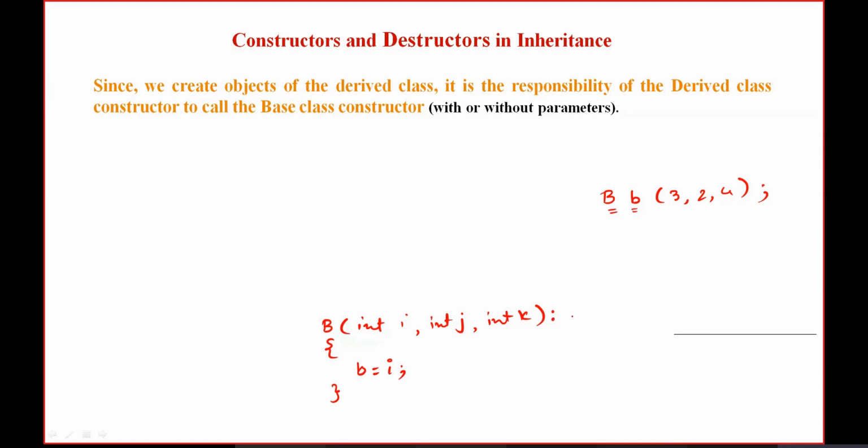But again, we are passing the remaining two values to the constructor of class A. For example, I am passing j and k to the constructor of class A. Now, the constructor of class A will accept them, so I'll say i and j are local variables for this constructor. Right? Now, class A has a data member a with which it will initialize.